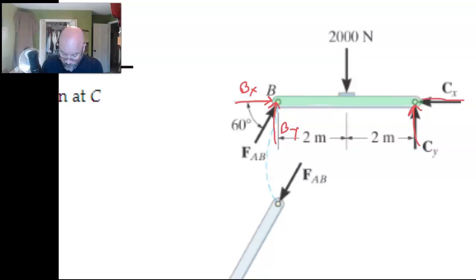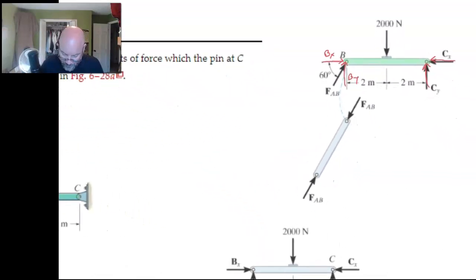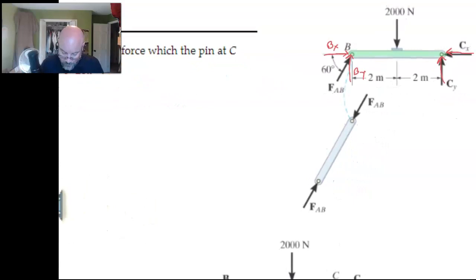So that's how we know for sure that CX is pushing that way. And that matches our intuition. I mean, if this thing is like trying to come this way, the wall's going to have to force it back on us, just like this. Okay. All right, so I got to rearrange this a little bit here.